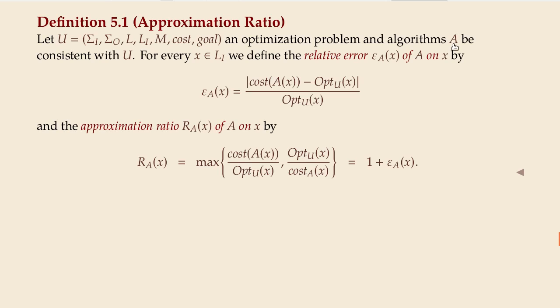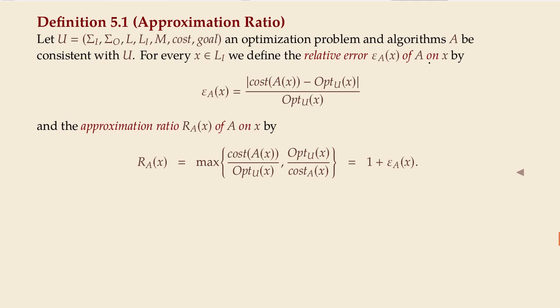An algorithm that was consistent for such a problem always had to return a feasible solution. So for every instance of the optimization problem and some given algorithm that's consistent, it returns always a feasible solution, but it does not necessarily have to compute an optimal solution.